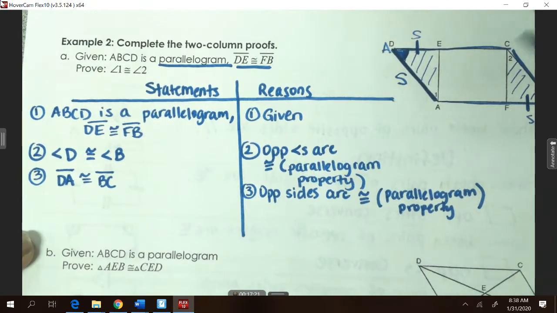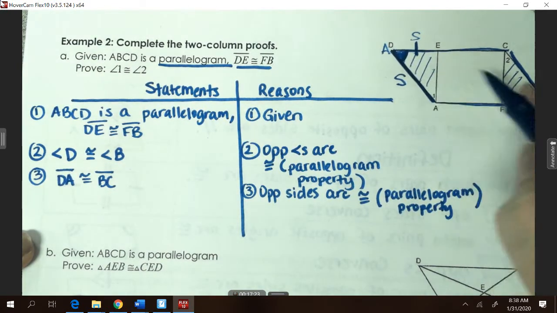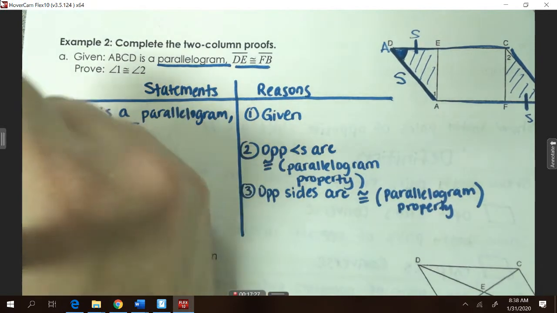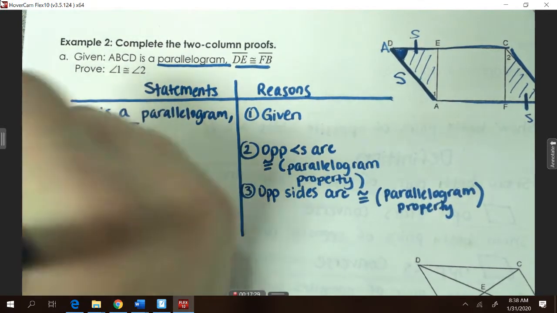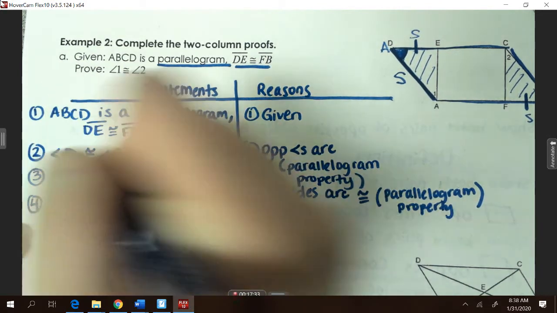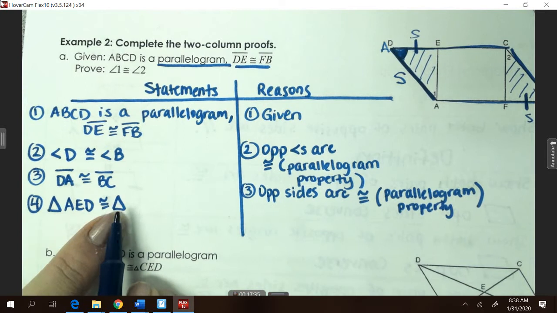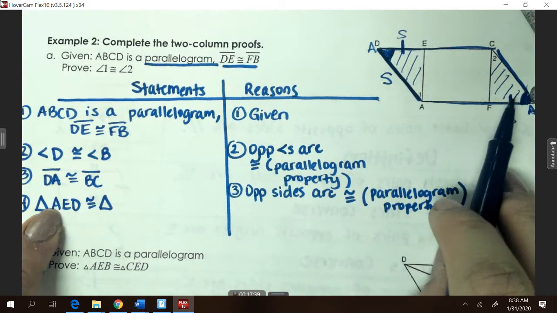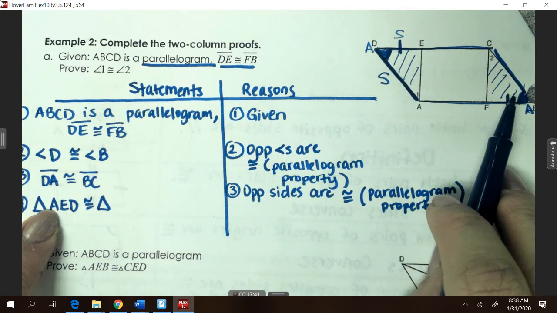And now that I have SAS, I can say that those two triangles are congruent. Okay, so my next step of my proof, step 4, is going to be saying that triangle AED is congruent to what triangle? Remember, we need to match up corresponding parts. So what part of this triangle down here corresponds with A?